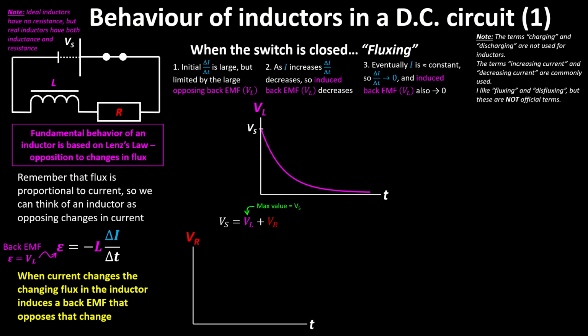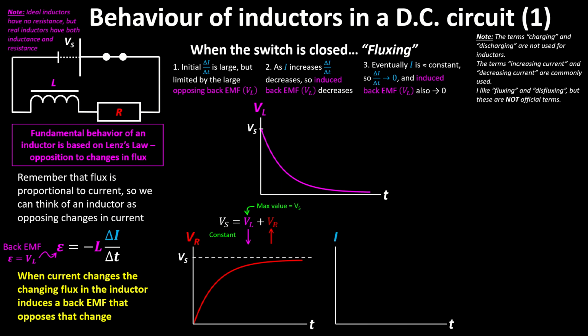Now, if we think about what the resistor voltage would look like, because we've got Kirchhoff's voltage rule there, we know the supply voltage is constant, and we know the inductor voltage is decreasing because the rate of change of current is decreasing. That must mean the resistor voltage is increasing. It's going to start at zero, increase, and head towards the supply voltage after a long period of time.